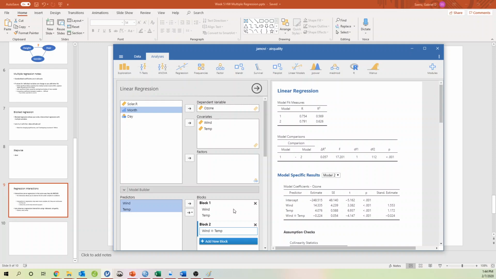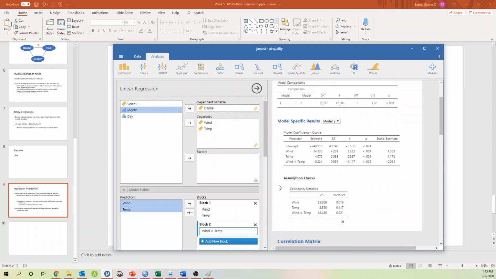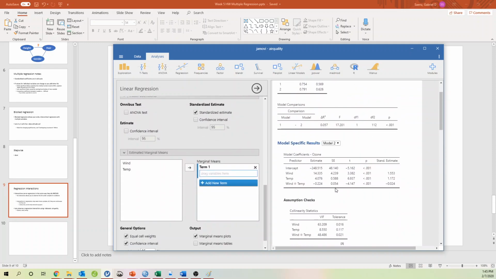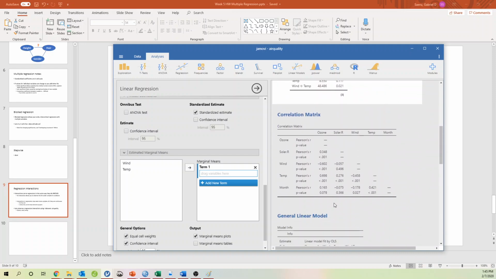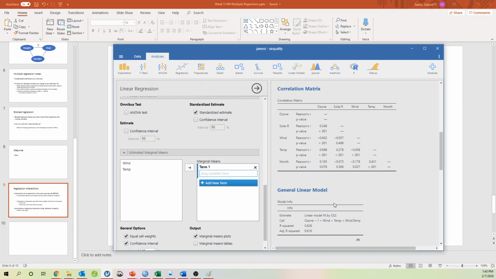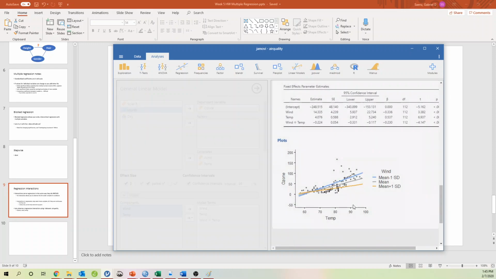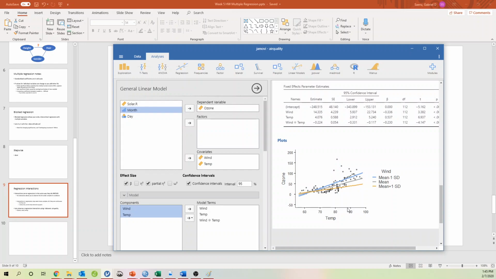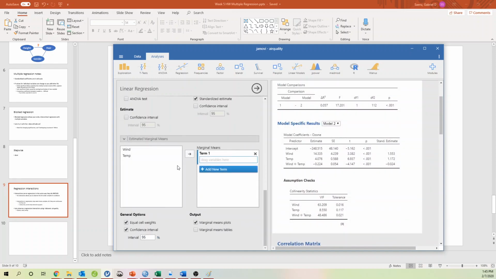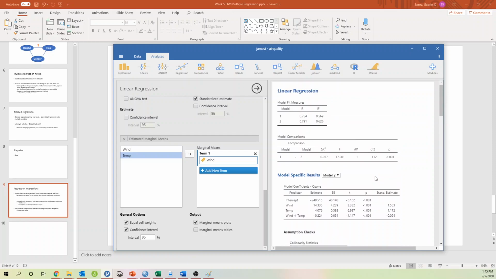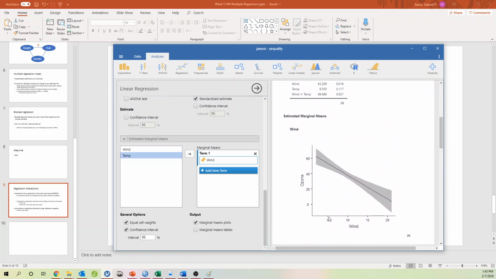Let's see what this looks like in a graph. I went ahead and did a slightly different analysis here, which will allow us to take a look at the data. Do we need the data? No, we really don't. I'm just going to skip that. Let's just look at the interaction here with the estimated marginal means dialog. Pop in wind. So as wind increases, ozone decreases.